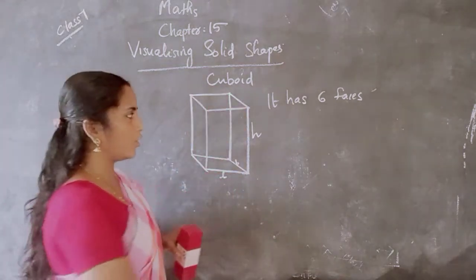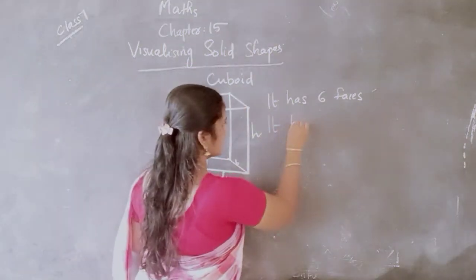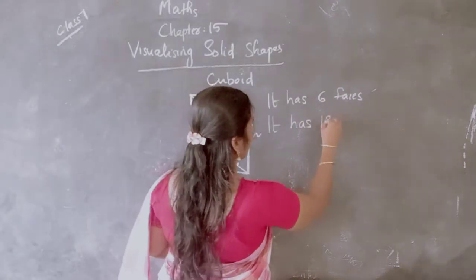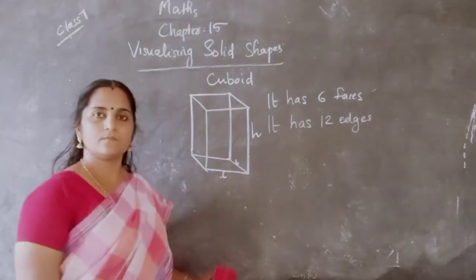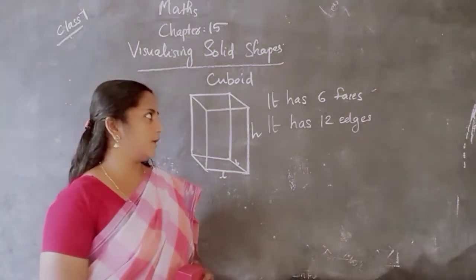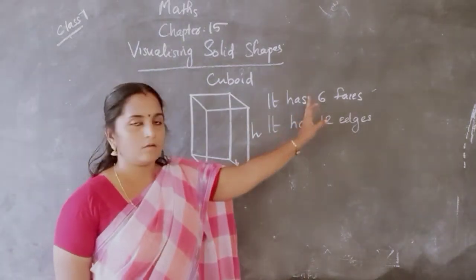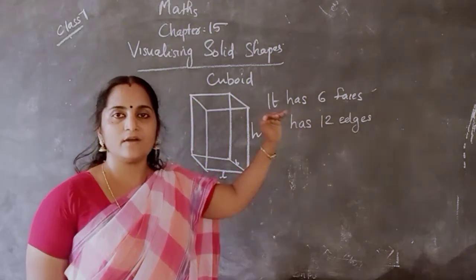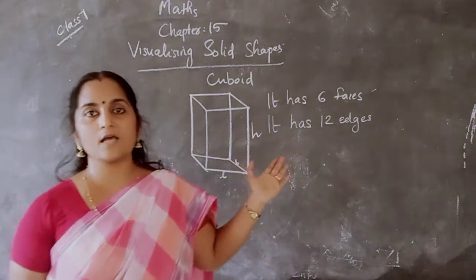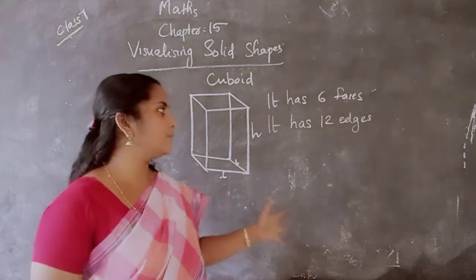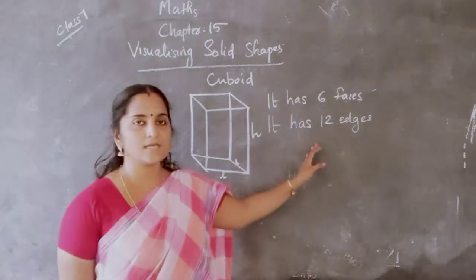There are 12 edges. It has 6 faces and 12 edges. So a cuboid has 6 faces, and all the faces are of a rectangular shape.